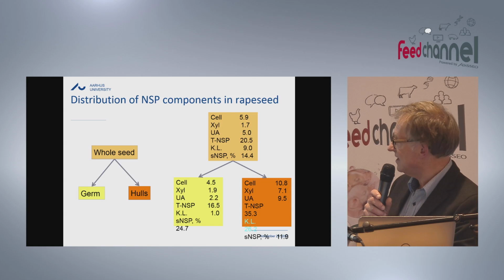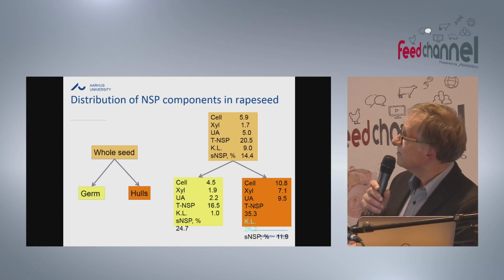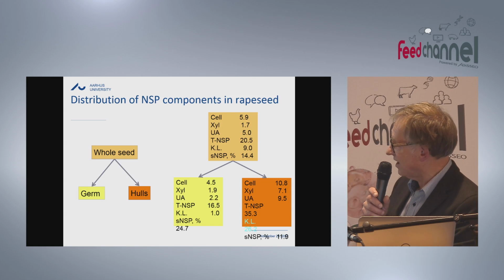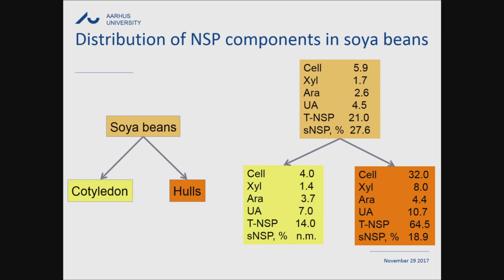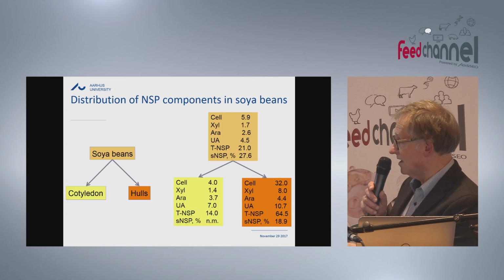And as you see here, particularly with the rapeseeds, the hulls are very high in lignin as compared to the hull from soybeans, where lignin is hardly present.